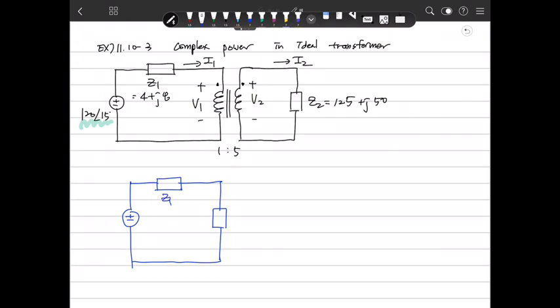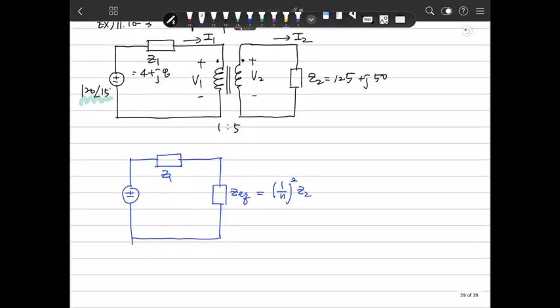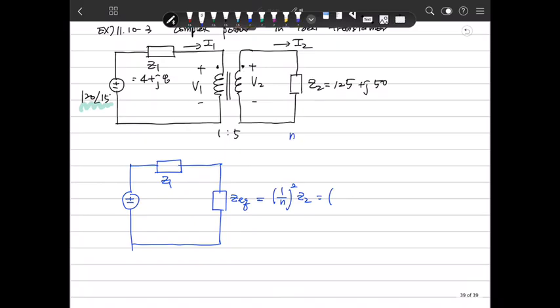This is Z1 and Zeq is the transformed value. So n is defined as N2 over N1. So this is 5. Then use the 5 plus j2.